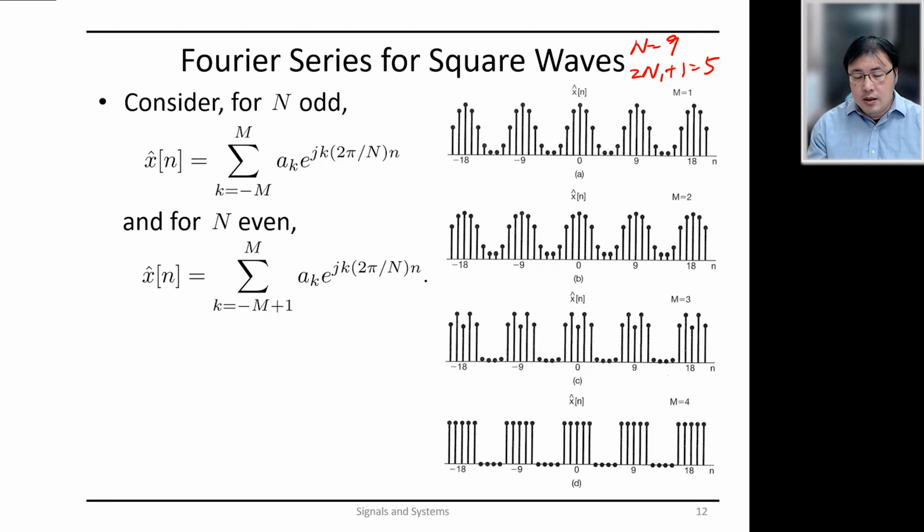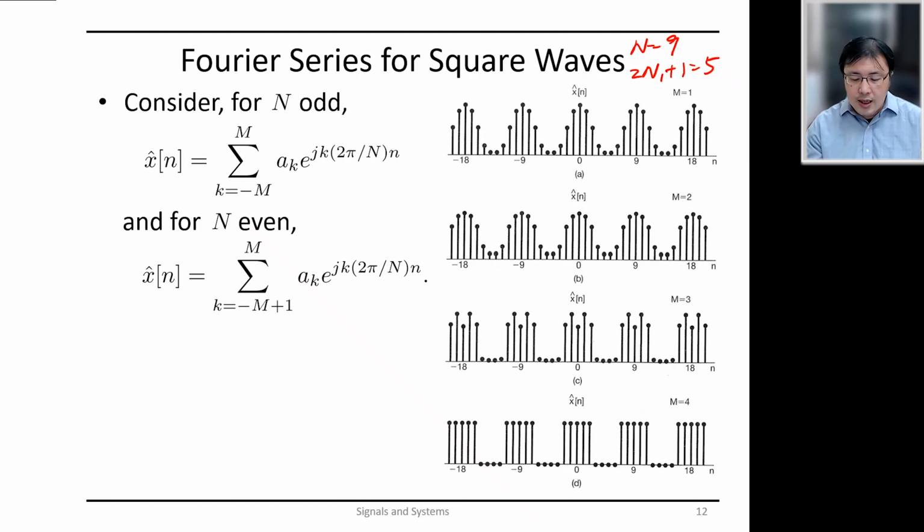When M is equal to 4, you're summing from minus 4 up to 4, which is 9 consecutive index values. So 9 consecutive terms is sufficient to represent perfectly a periodic signal with period 9.